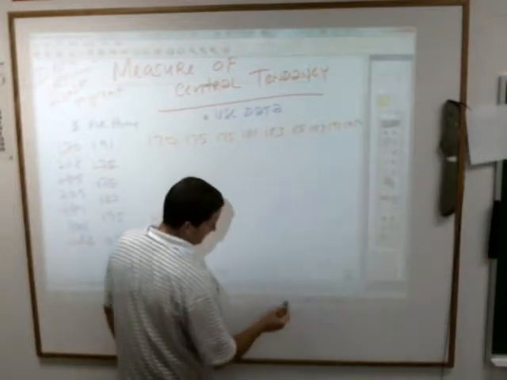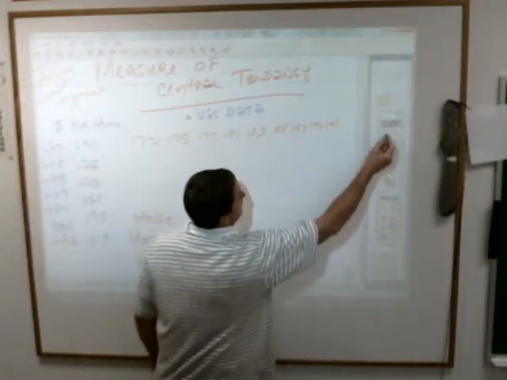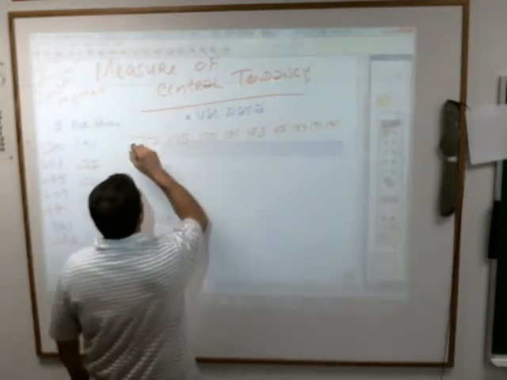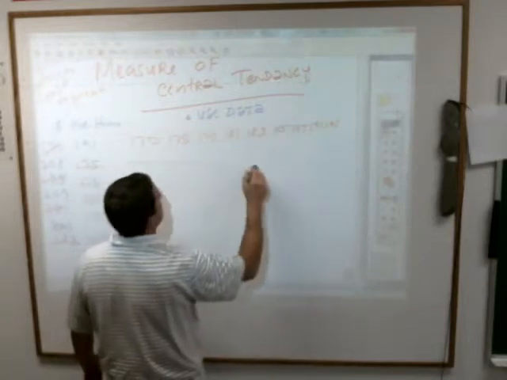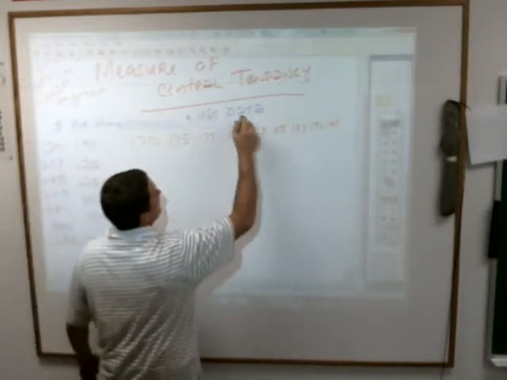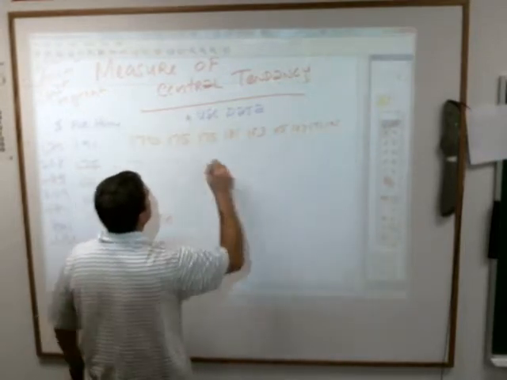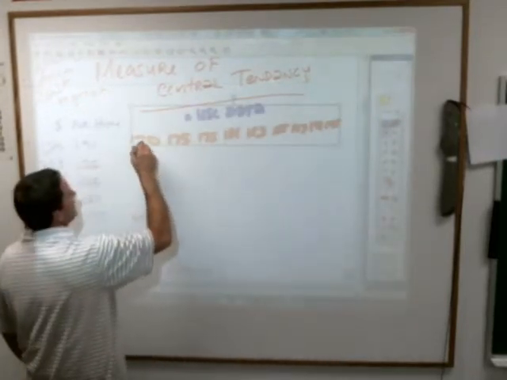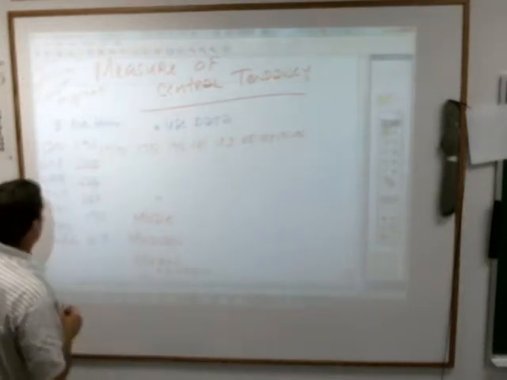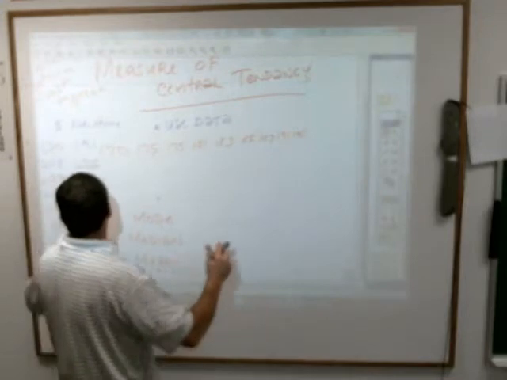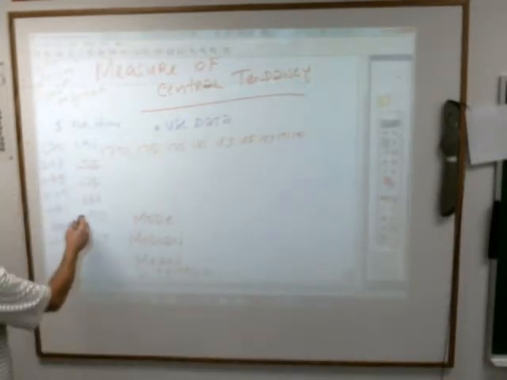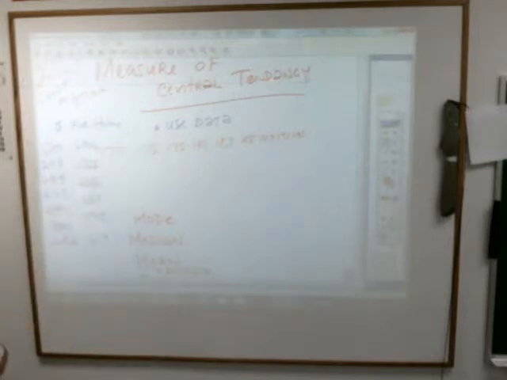Unless I got some more room over here, which I don't. What do we got? 195, 191, 195, what's next? 205.